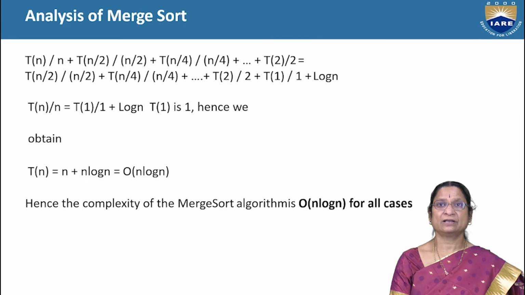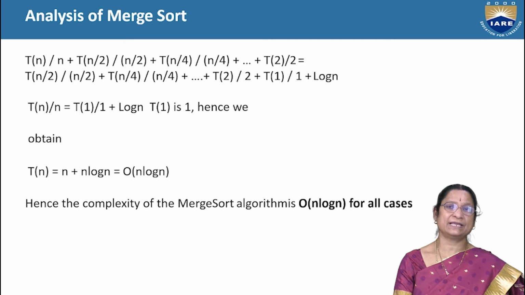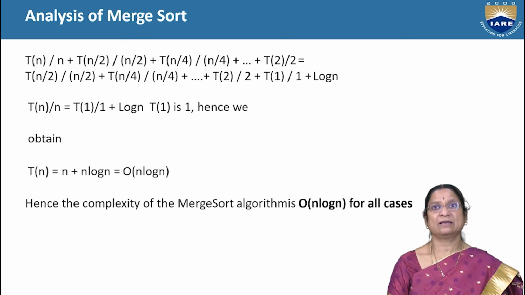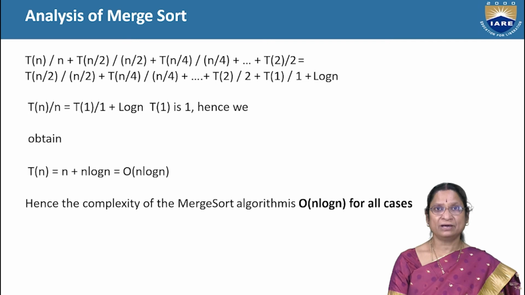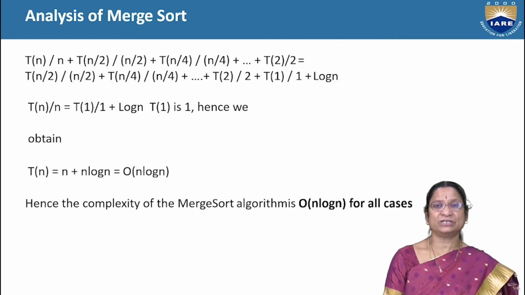So we will get the time complexity of merge sort as big O of n log n, and this is for all 3 cases: worst case, best case, and average case. With reference to merge sort, all 3 are equivalent, because in merge sort the time is not going to change based upon the arrangement of the data.